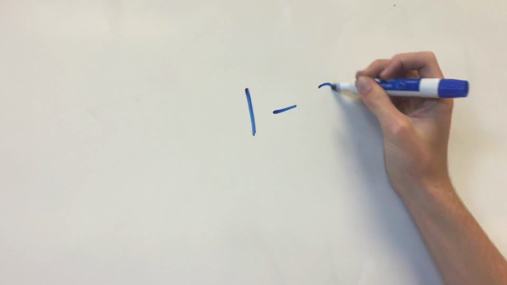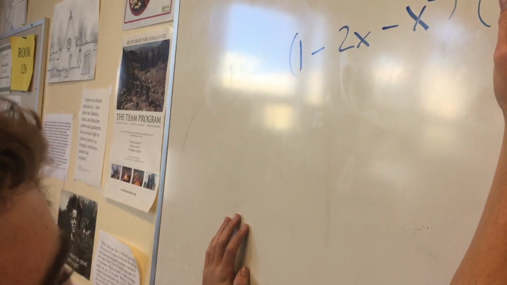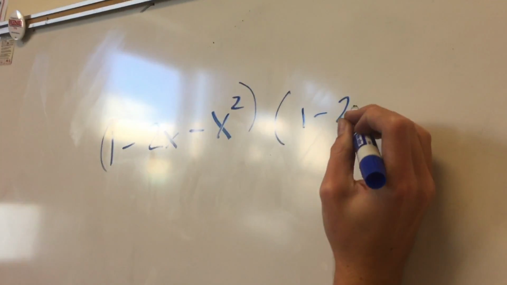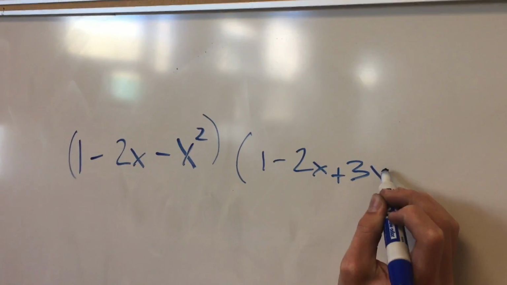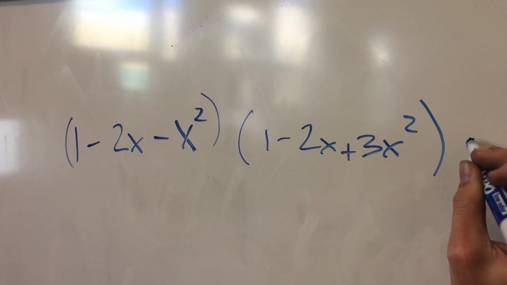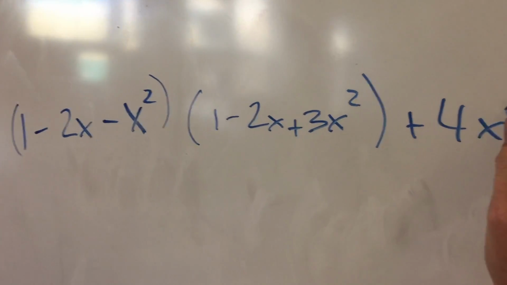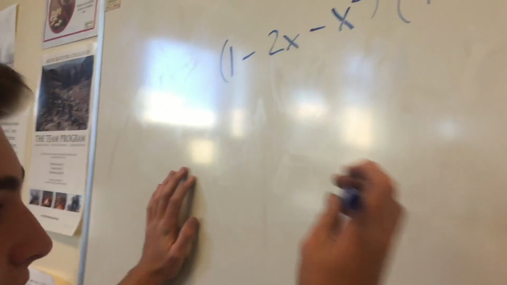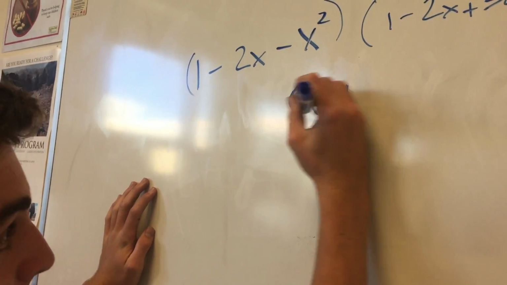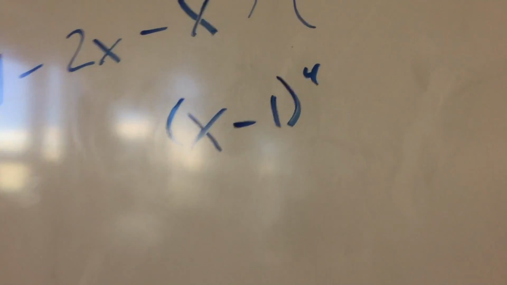Psych. 1 minus 2x plus 3x squared plus 4x to the 4th power. See, just a bit of a step up, not too hard. And the answer, obviously, would be x minus 1 to the 4th power.